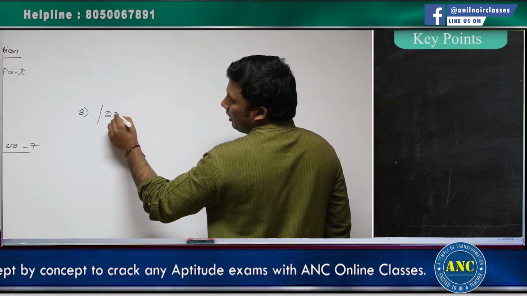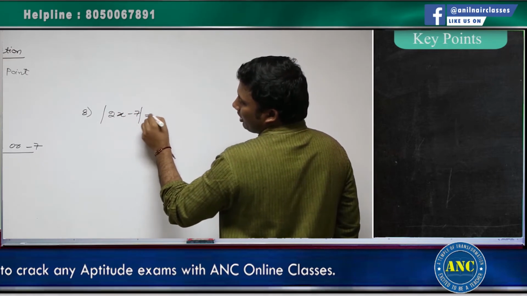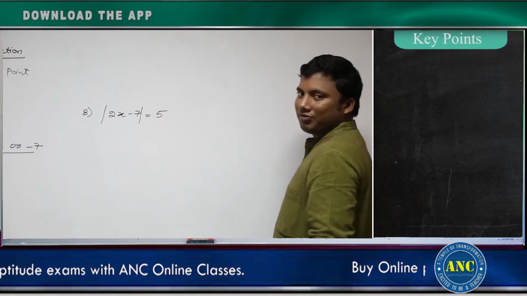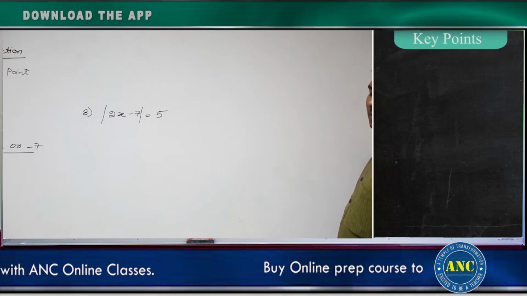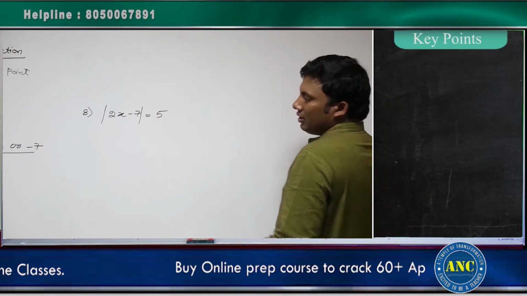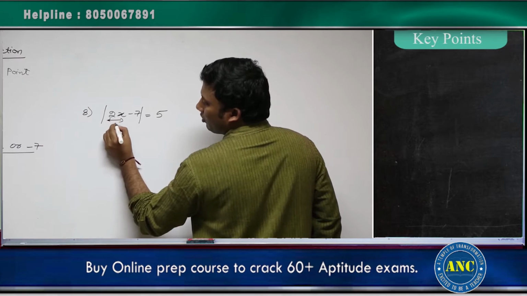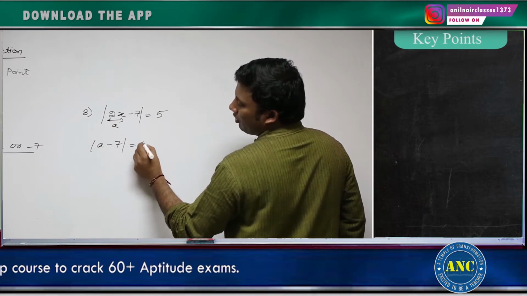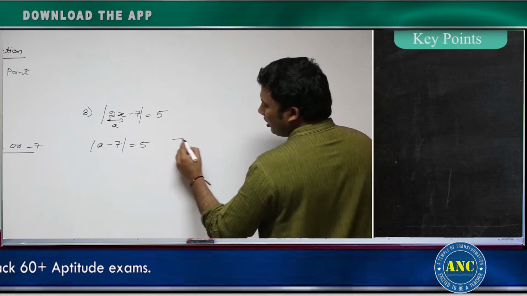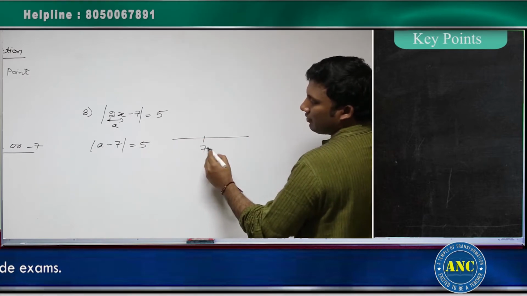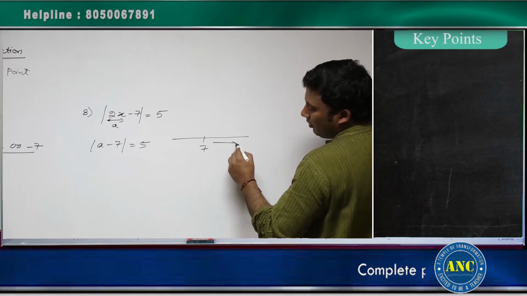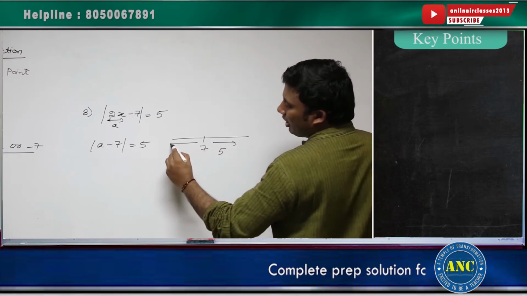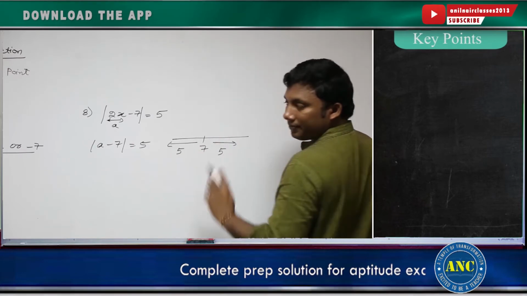Eighth one. Mod 2x minus 7 equivalent to 5. See here. Let me call this 2x as a. Mod a minus 7 equivalent to 5. That means a is there at point 7. It travels 5 units forward or it travels 5 units backward.